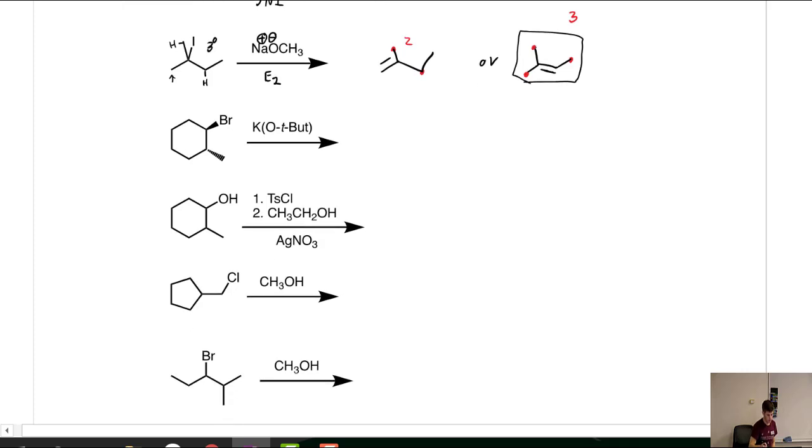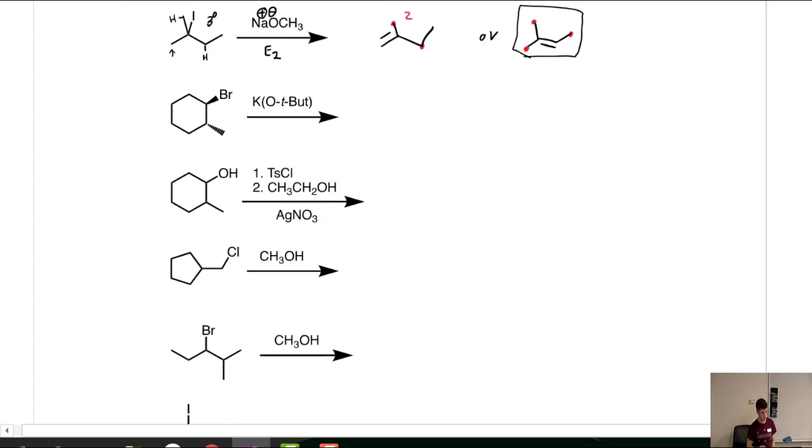Alrighty, moving on. So this one. In this case, we have this weird looking thing, right? This is a strong nucleophile, strong base. And it's a bulky base, right? It looks like this. You need to be familiar with this, or it also looks like this.